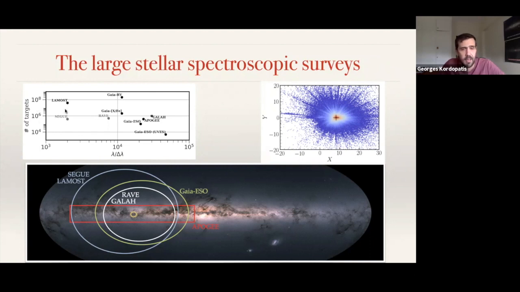Namely, you have LAMOST, SEGUE, and APOGEE that observe mostly from the northern hemisphere. You have RAVE, GALAH, and Gaia-ESO observing from the southern hemisphere. And here you have a sketch of the different regions of the galaxy that they are probing, in a projection in the galactocentric XY plane. The galactic center is here, the Sun is here, and the color code is the density of those targets.